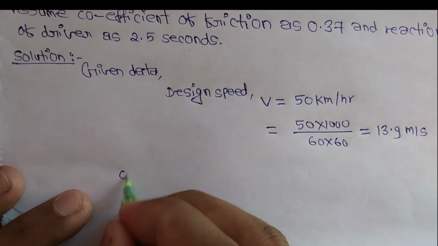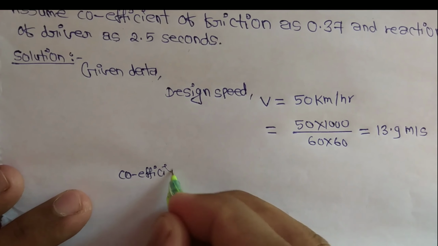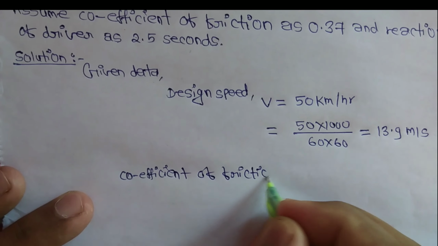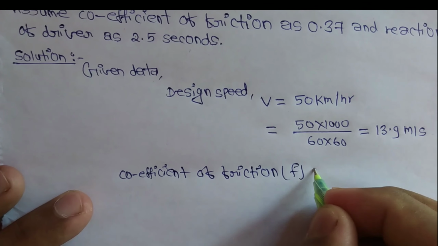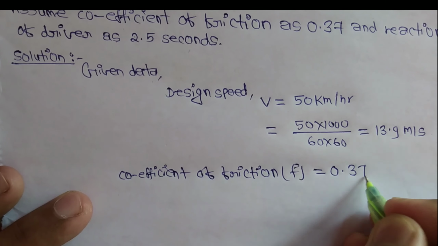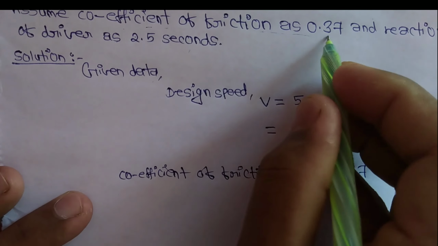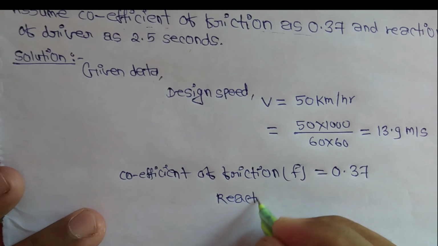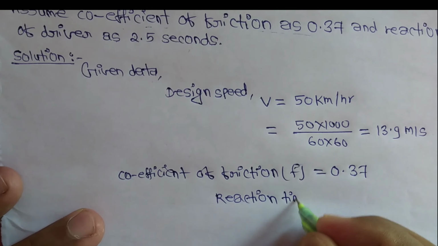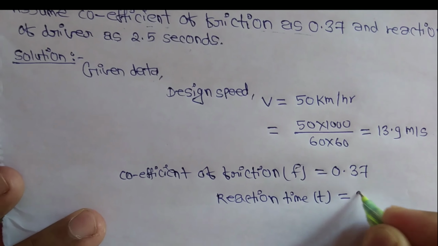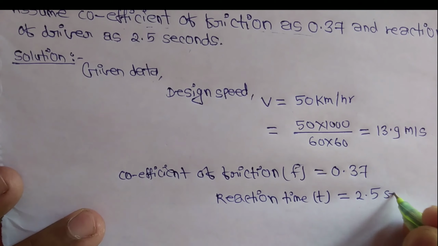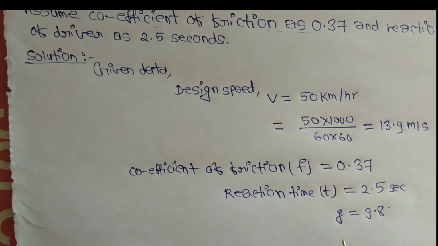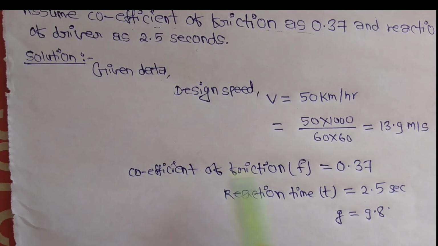Now the coefficient of friction f is given 0.37, and the reaction time of driver, T, is given 2.5 second, and gravity you can assume 9.8. So up to this part it is given in the question.